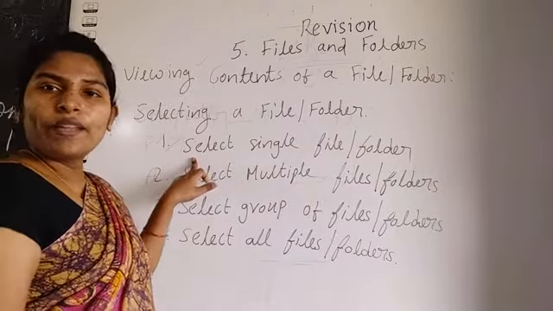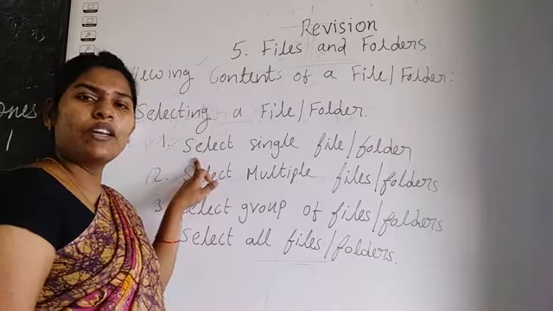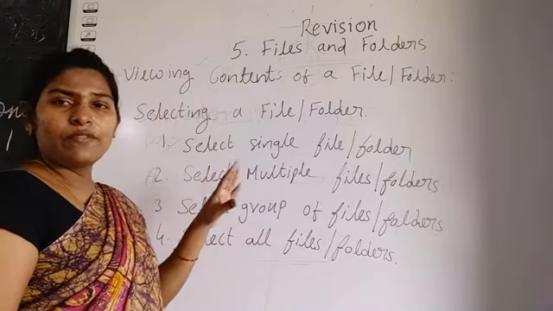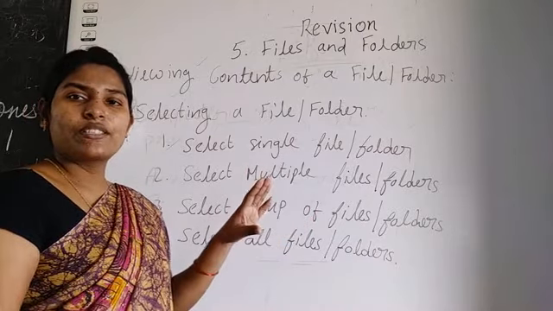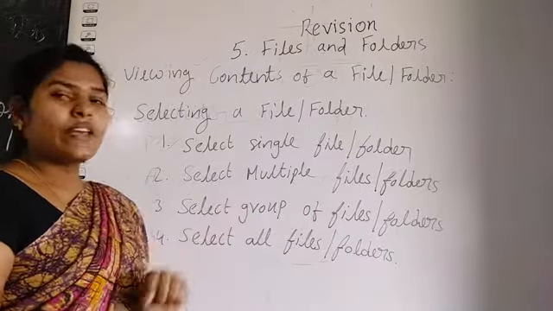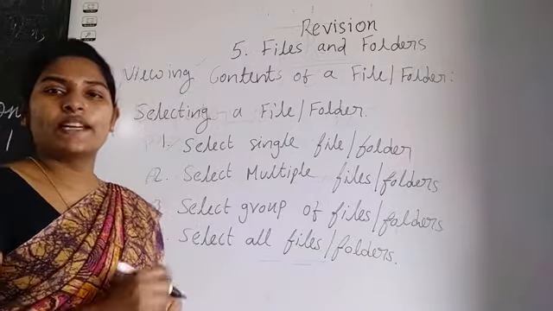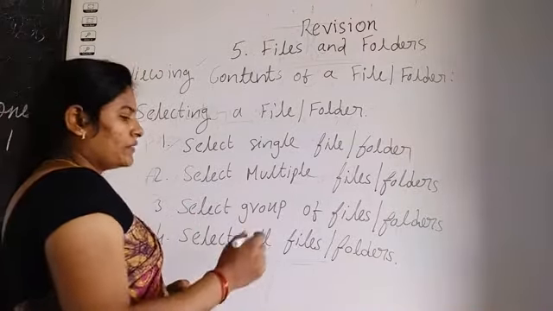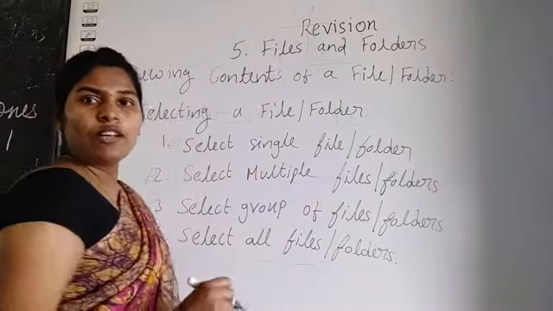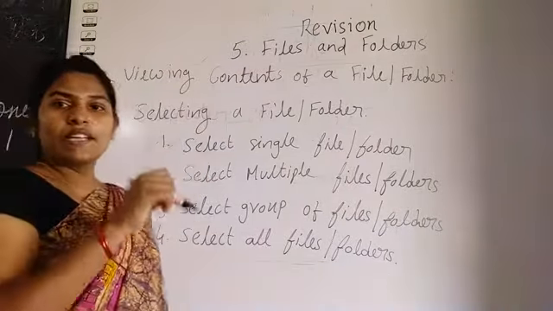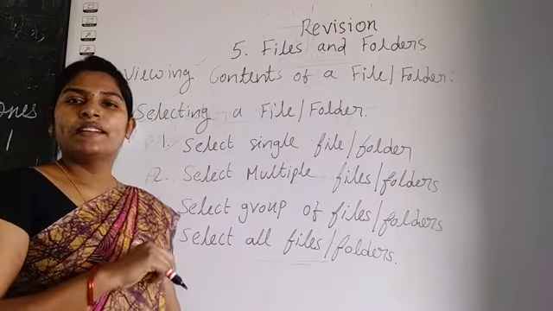First, open File Explorer and, from the navigation pane, click a particular folder. When you click the folder in the navigation pane, you can see the files and folders in the content pane. From there, whichever file or folder you want to select, put the mouse pointer on it and give one click with the left mouse button. That means it is selected.